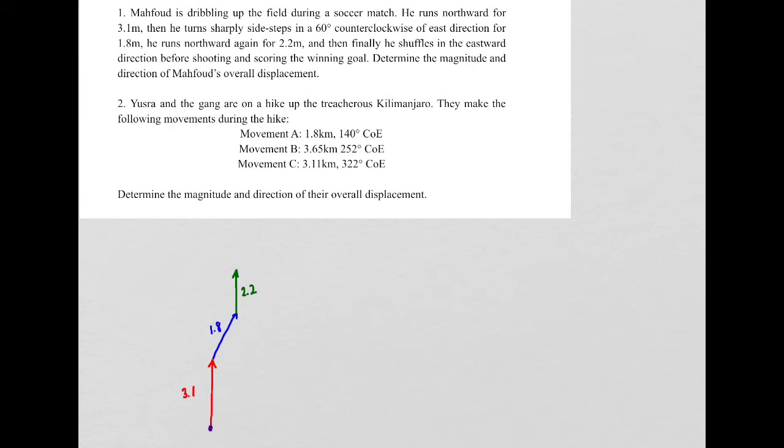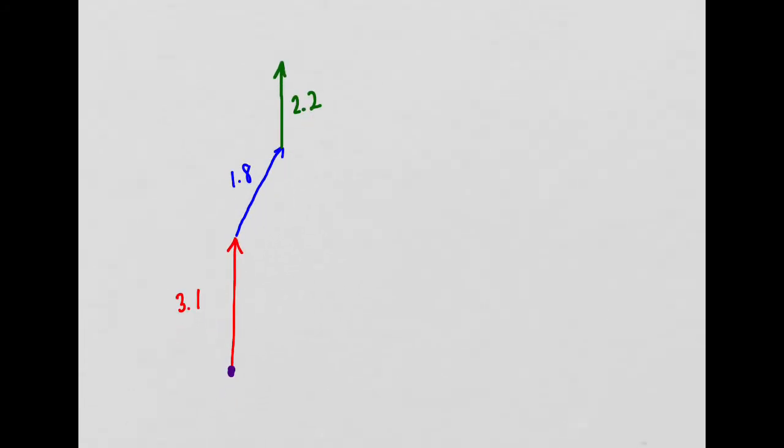Okay, so let's figure out what we can do here. Obviously the first thing that we're going to need to do is to transform any of the nasty, angled vectors that we have. So this one in the middle, this 1.8, is a nasty vector, so we're going to have to transform that. We have two components to this vector: an eastward component and a northward component.